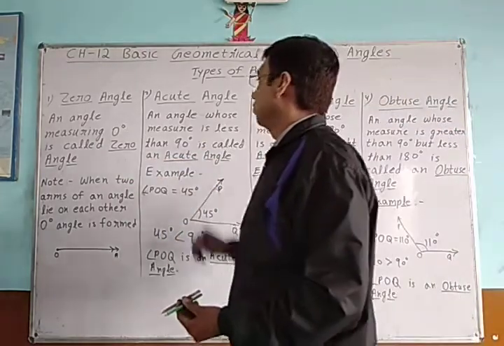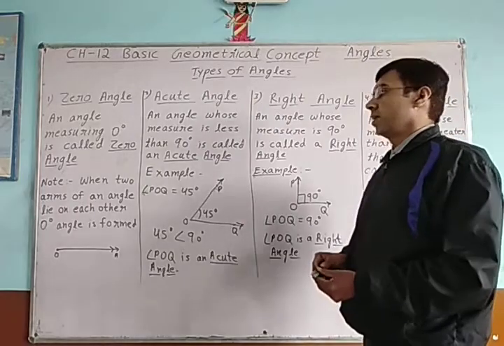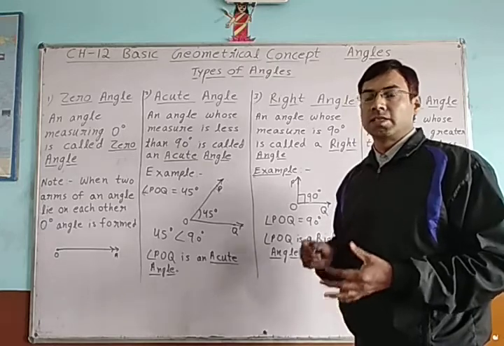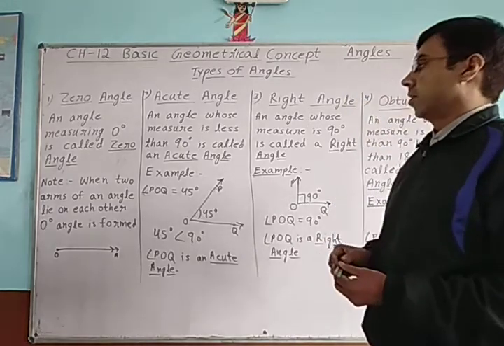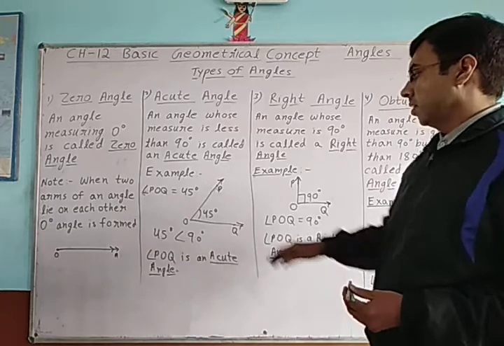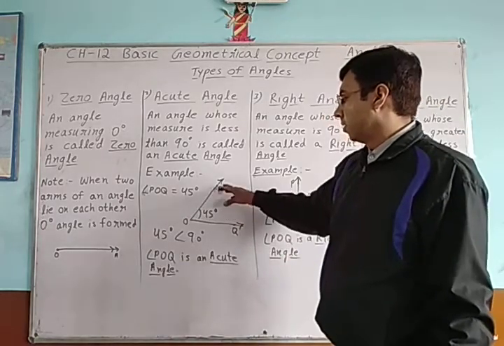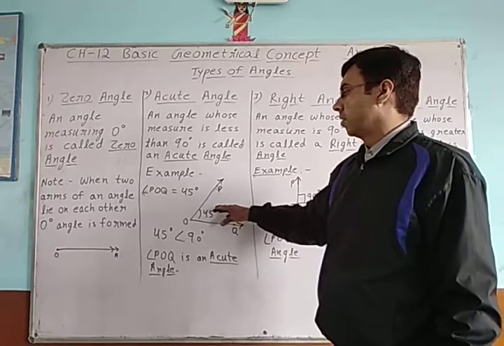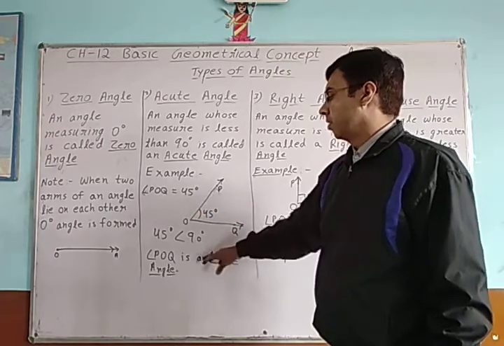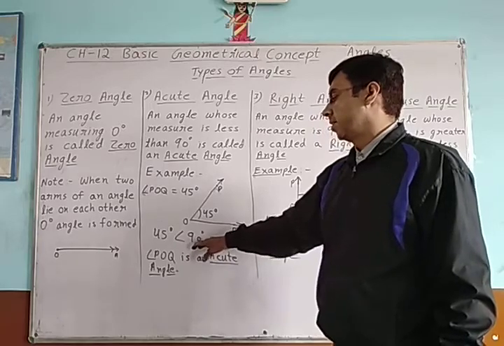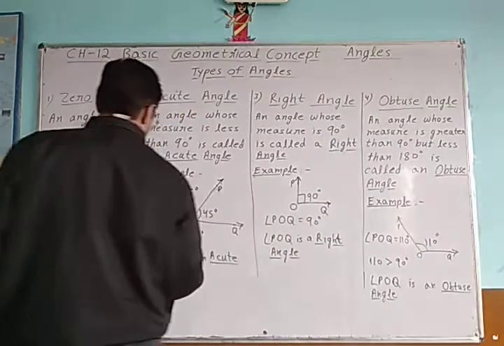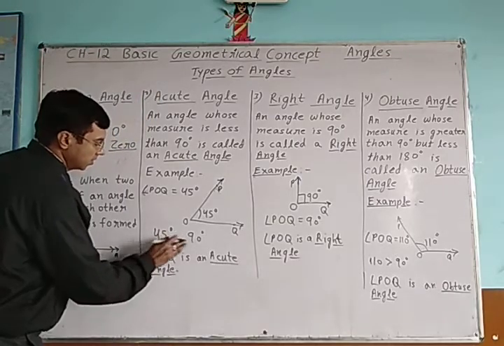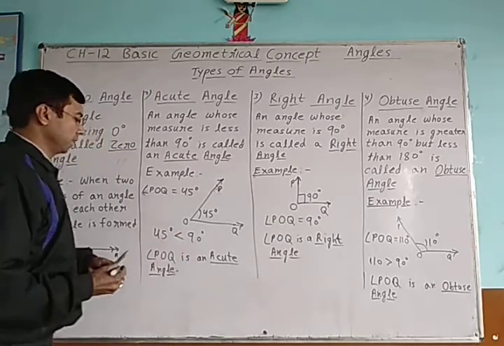Now next, acute angle. An angle whose measure is less than 90 degree is called an acute angle. See students, in this example, angle POQ is 45 degree. 45 degree is less than 90 degree.